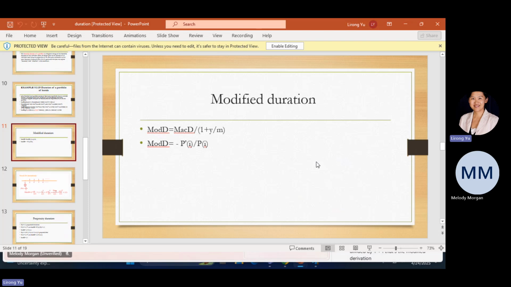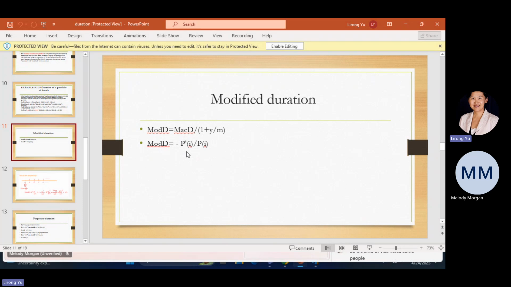Or if you can calculate the total present value as a function of the interest rate, then you can find the negative derivative, minus P prime of i divided by P of i. That's the modified duration. If you have the modified duration, multiplied by 1 plus i, that's the Macaulay duration. So having the present value formula also makes it possible. It's vice versa.